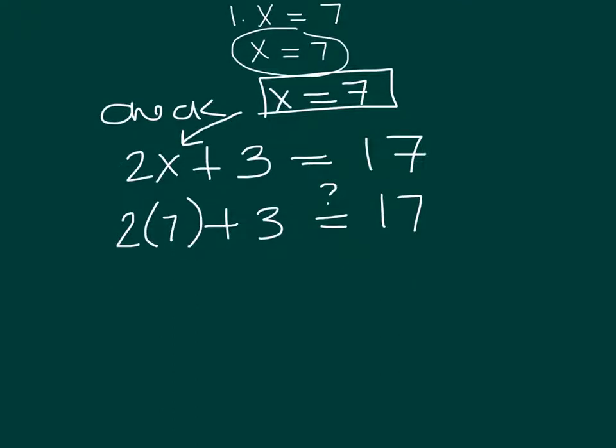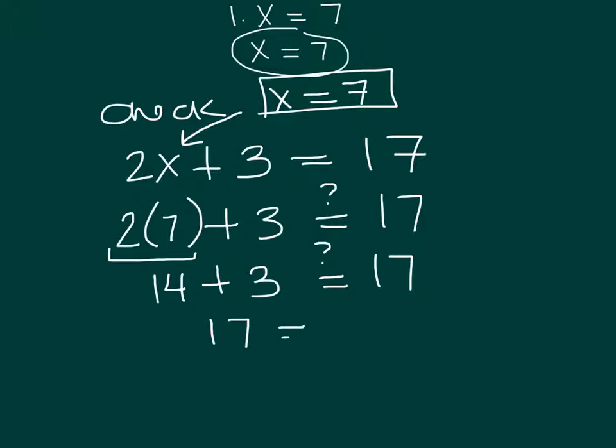When you check your solutions, you're literally evaluating. You're substituting, or some students say plug and chug. You're not subtracting 3 from both sides. You're not using any of the properties of equality because you're checking, so you don't want to move things around. Obviously this is 14 plus 3, and 14 plus 3 does give you 17.